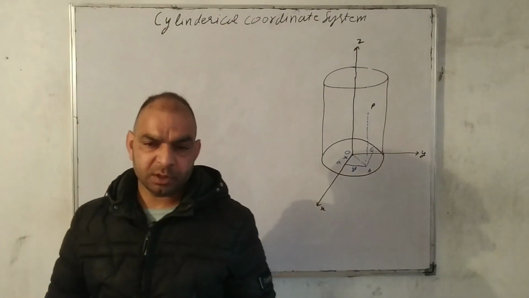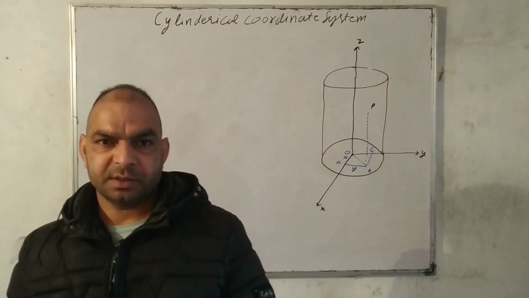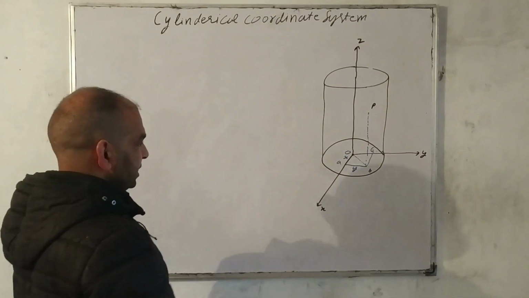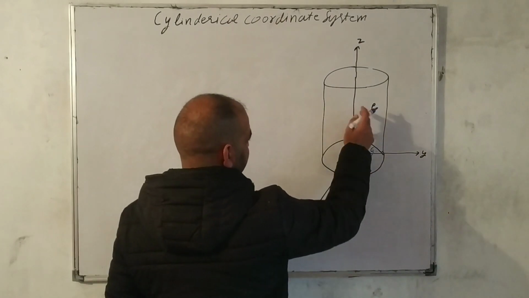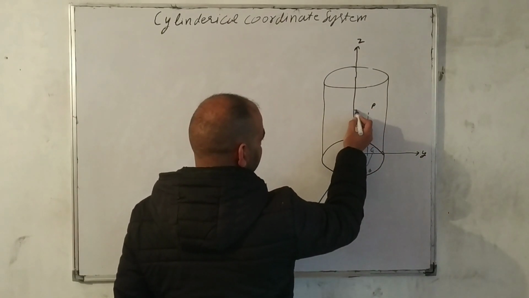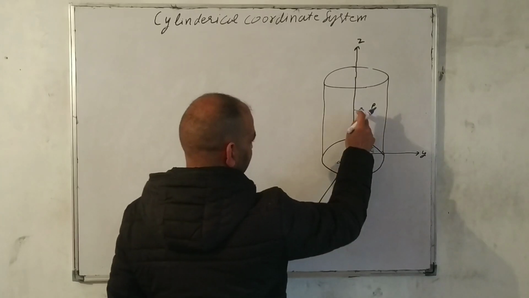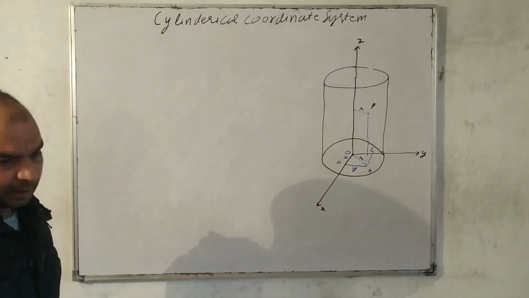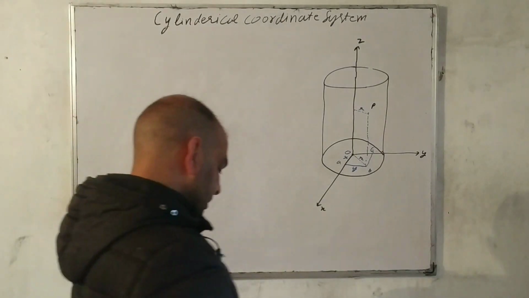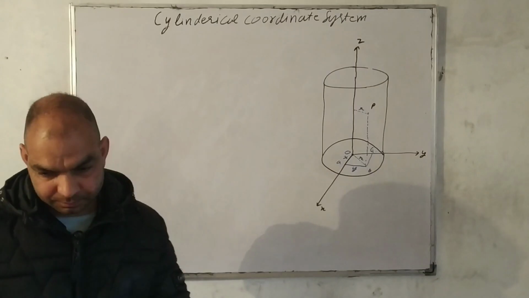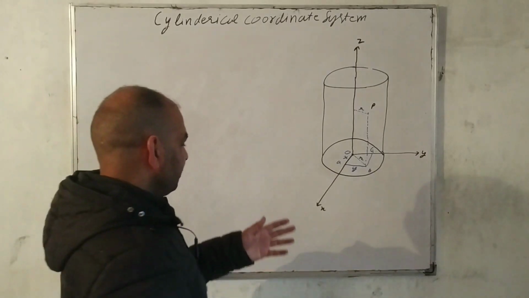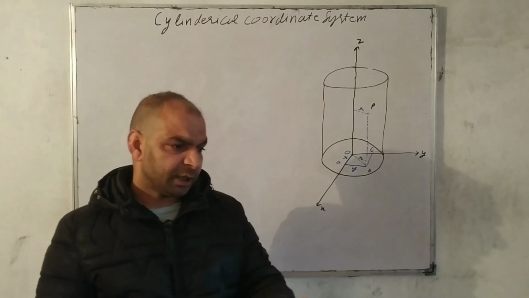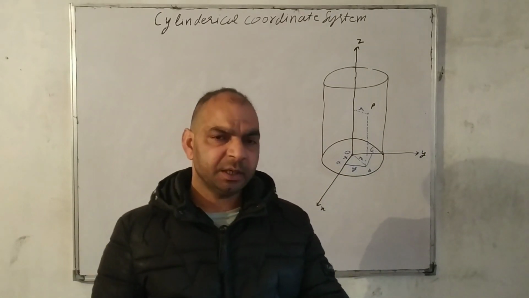So in the cylindrical coordinate system, we have three variables: r, phi and z. What is r? r is the distance of this point from the axis of the cylinder. This is r. If this is r, then this will also be equal to r. And what is phi? In the cylindrical coordinate system, how will we locate any point? This cylinder is in 3 dimensions, so to locate the position of any point in 3 dimensions, we need 3 coordinates.